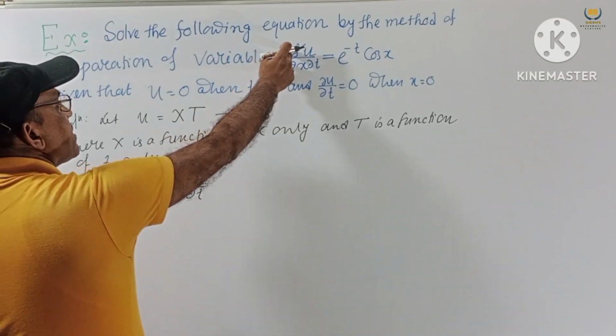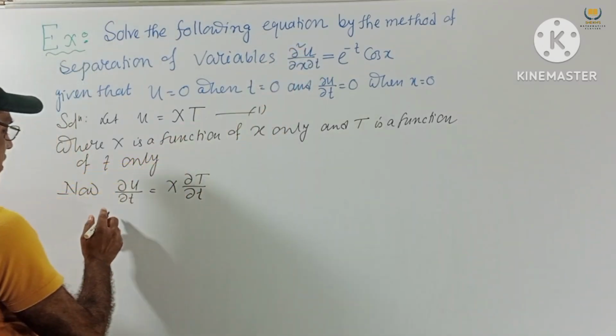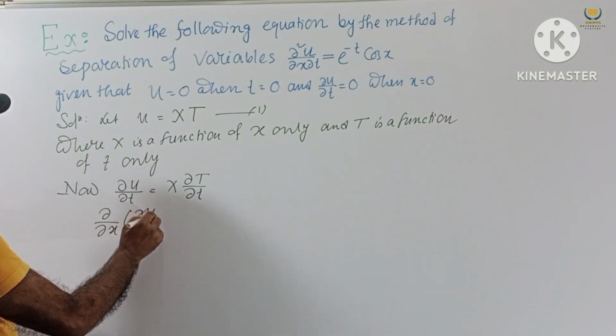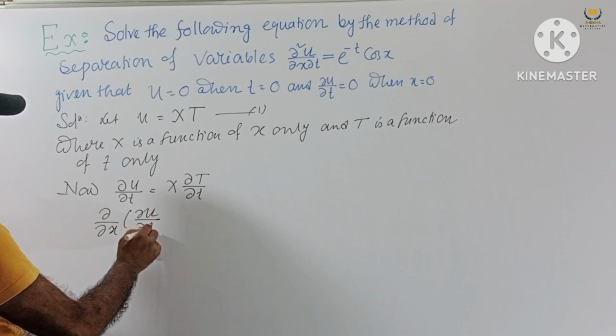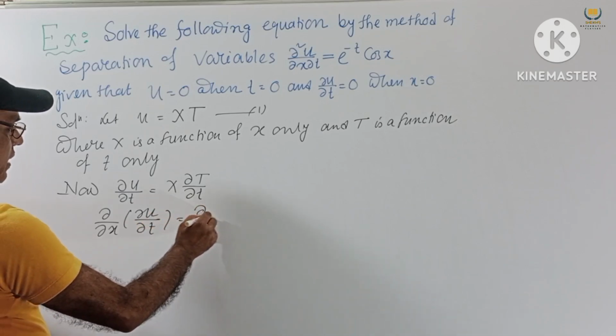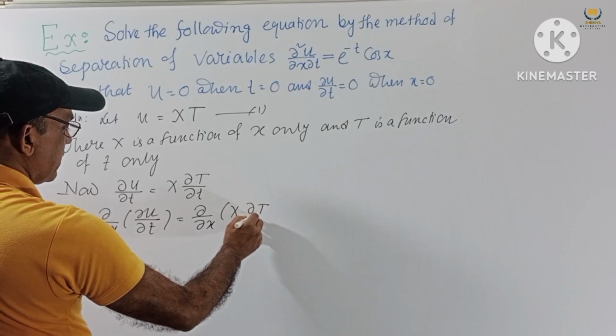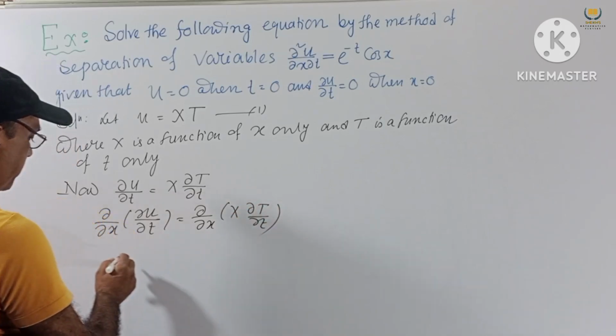Again here I get del by del x. Again we differentiate partially with respect to x. Then we get dX by dx times dT by dt.